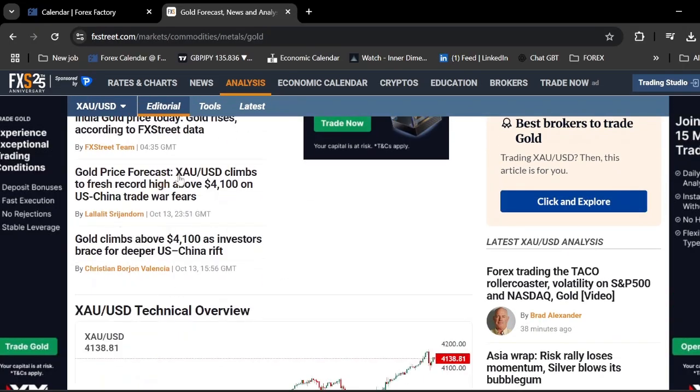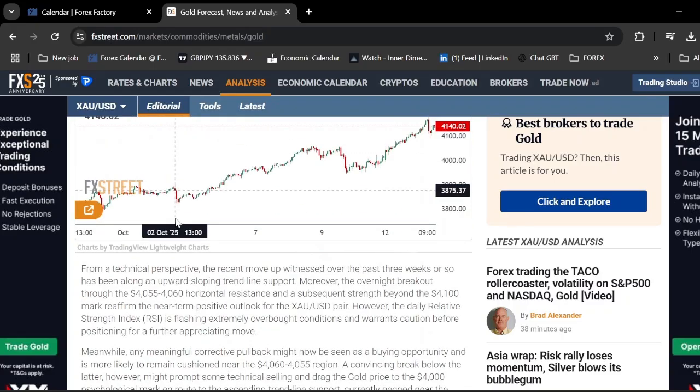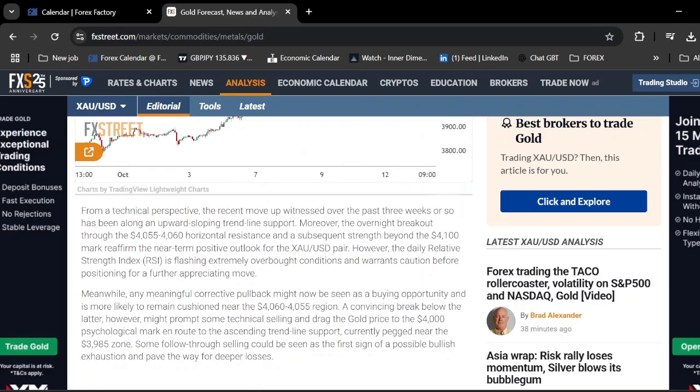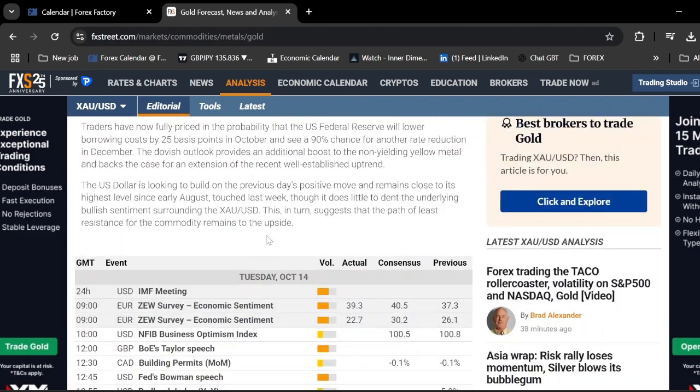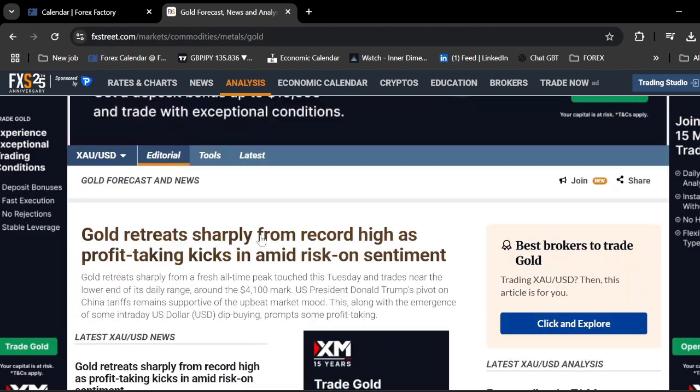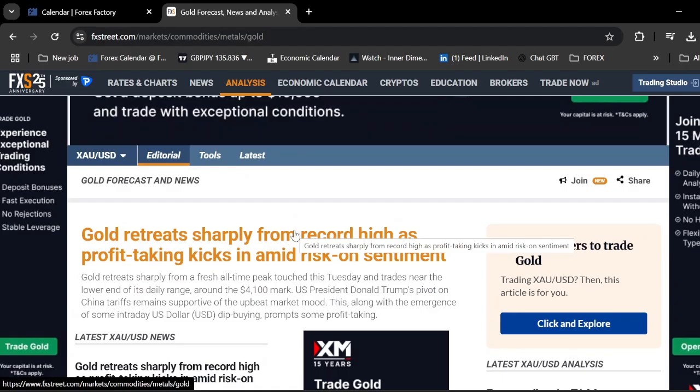But for the most part, headlines are still focused on the fact that we broke that 4,100 barrier and we just kept on climbing. I mean, damn, we broke 4,000, didn't even have a retracement. Markets just kept shooting. So yeah, gold markets moving wavy at the moment, and headlines definitely focusing on the all-time highs with a moderate tone behind the muted upside potential due to the overextended nature on the monthly and the weekly time frame.